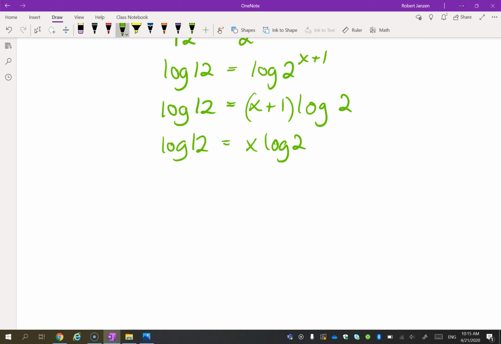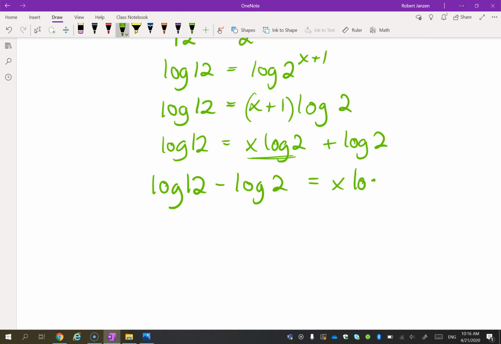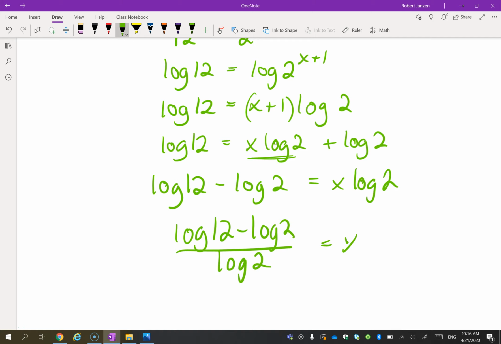So this is x log 2 plus log 2. And so this is the term I want by itself, so I'm going to take log 2 and move it to the other side. And now if I divide both sides by log 2, you'll get this.